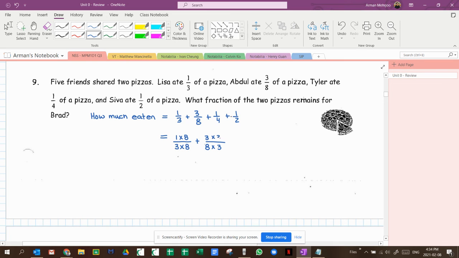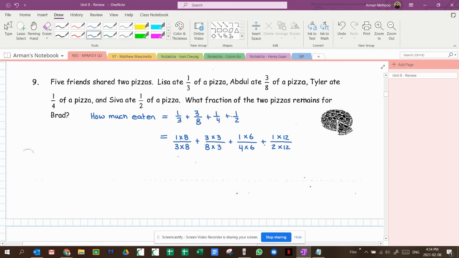That means I also have to multiply the top by 3. For the next one, I have a 4 on the bottom. To get 24, I have to multiply by 6 on the bottom. I multiply by 6 on the top. And for the last one, I multiply by 12 on the bottom and 12 on the top.